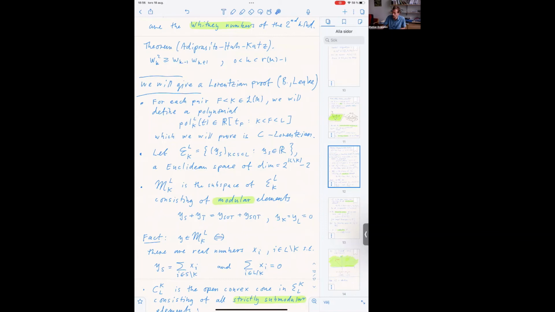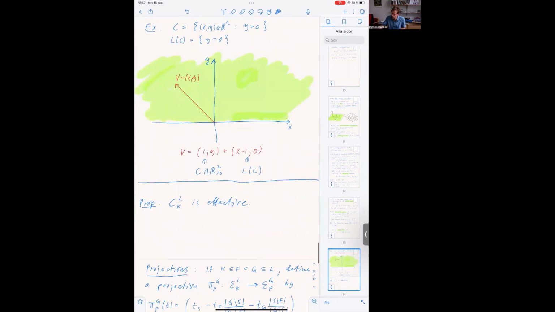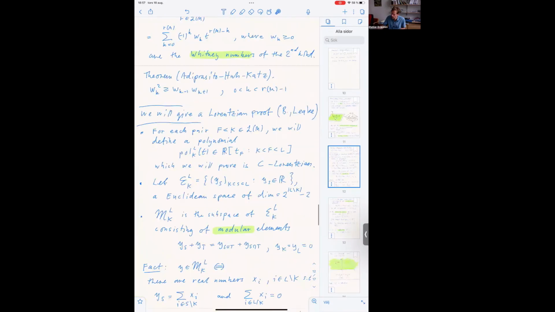And for this, we want to define some Lorentzian polynomial, and we define this for each pair of flats. So this is going to be a homogeneous polynomial. Whoops. What happened here?